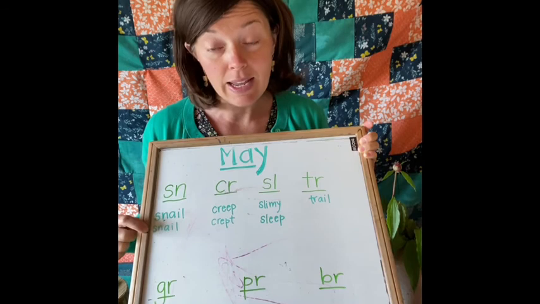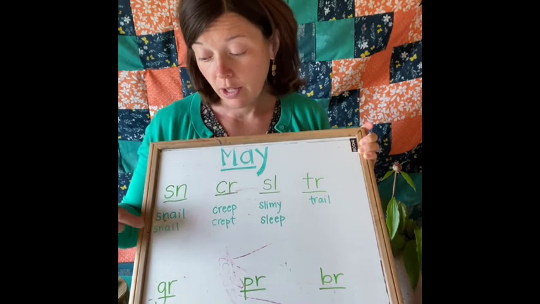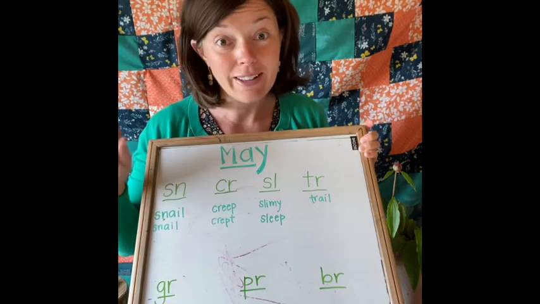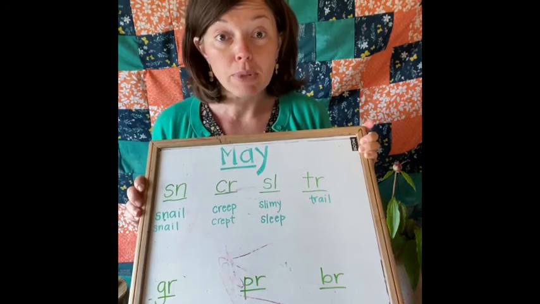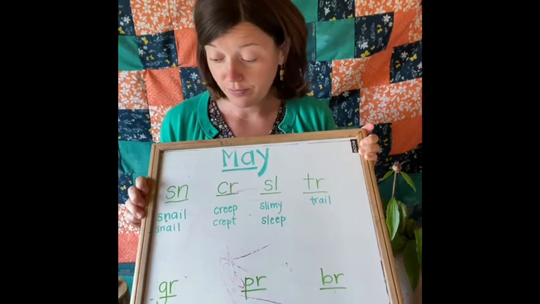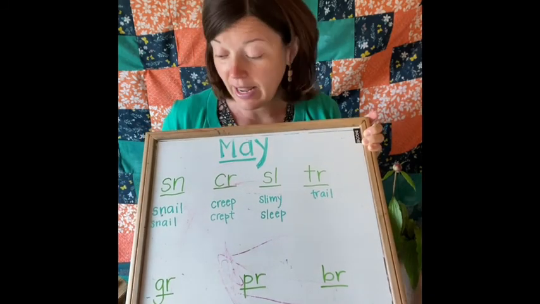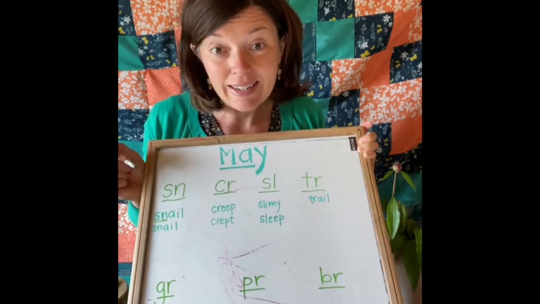What you could do also as you follow along or listen along, you could take a marker or a crayon or a highlighter and start to underline the beginning blend sounds. Okay, so in snail, S-N, sn.